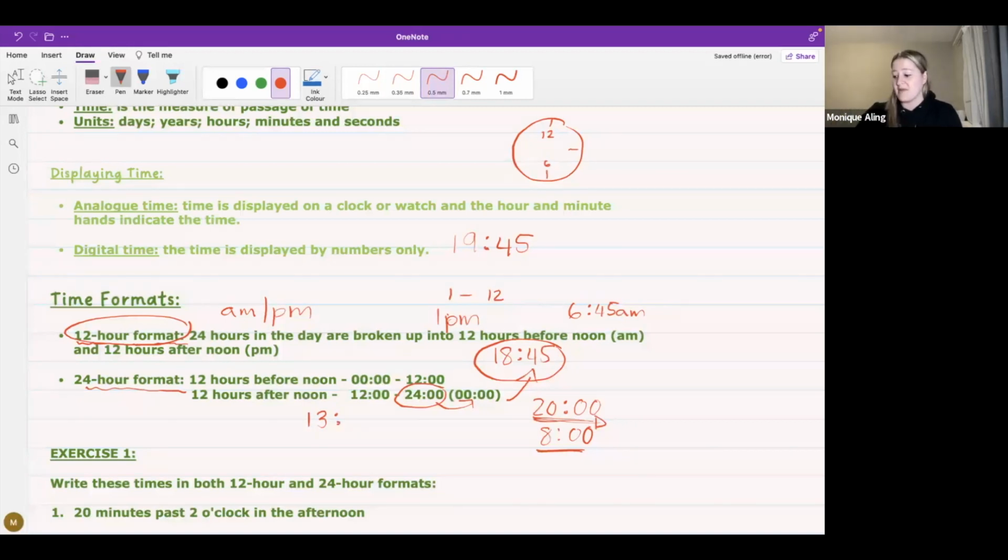So 1 o'clock must be 13:00 hours. 2 o'clock will be 14:00 hours. Okay, but our 12-hour clock only goes up to 12. And we need to specify by using, is it morning before the afternoon or is it afternoon? Okay, are you guys ready to try some questions on time formats?